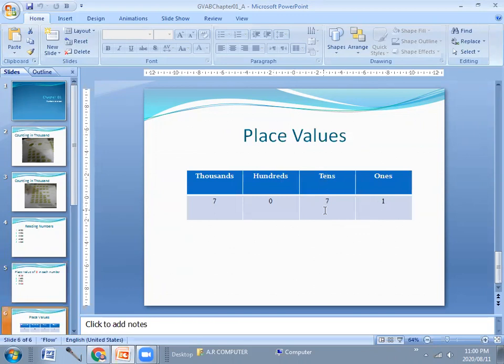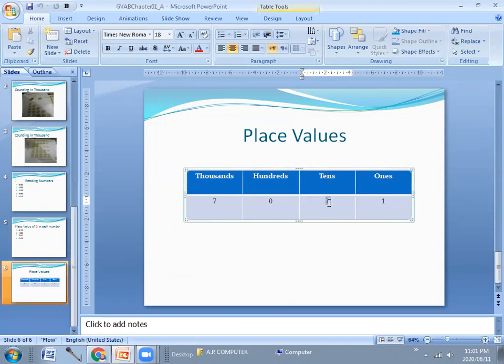This is the place for tens. This is the place for 100, and this is the place for 1000. So the highlighted 7 is at the tens place, this 0 is at the 100 place, and this 7 is at the 1000 place.